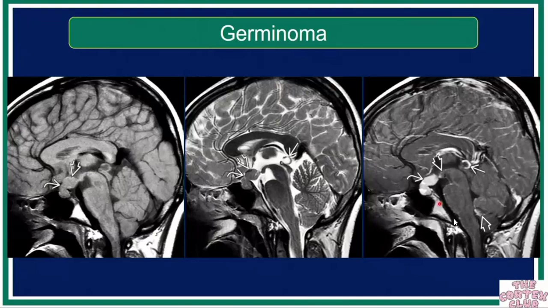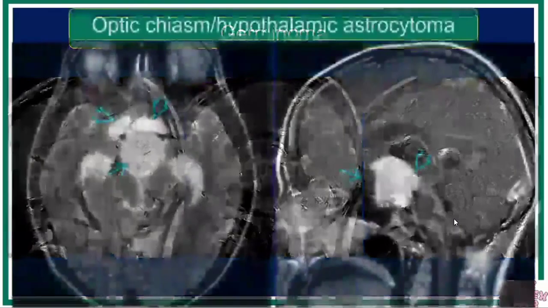There would be spinal lesions as well. So if you see this kind of picture with bone lesions elsewhere and with other spine abnormalities, you think about LCH. But when you have absence of the posterior sellar bright spot and you have this kind of lesion in a kid with diabetes insipidus, then you think about germinomas. And I have a few slides later where I deal with this kind of differential diagnosis.